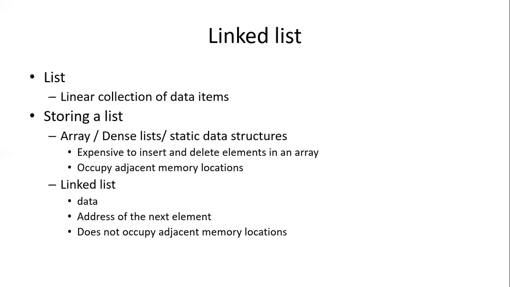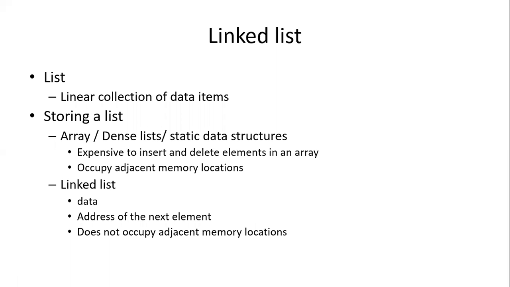Shortly, I'm going to show you what a linked list is. Since every node in a linked list consists of data and the address of the next element, it need not occupy adjacent memory locations. It can occupy anywhere else. Just by mentioning the address of the next element, we can easily link it to the next node as well. So that's how basically we can define a linked list.